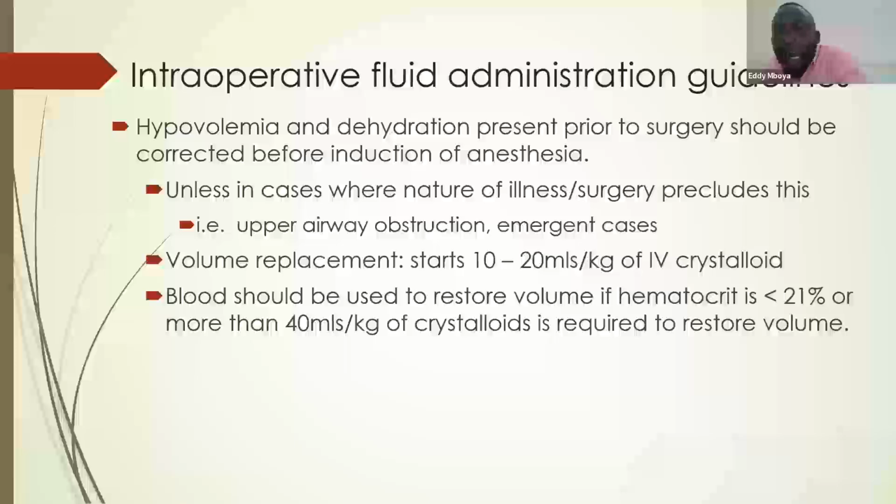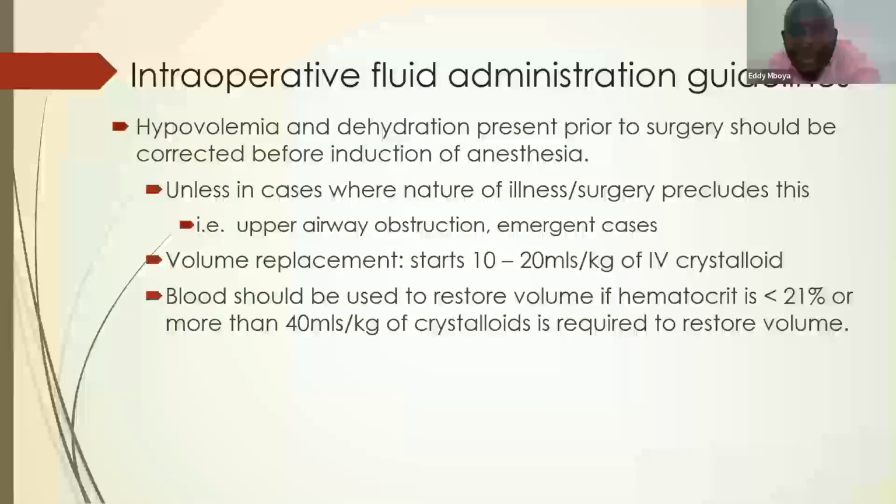This should be guided by the patient's clinical state. Over here, that's the bolus infusion that you need to give prior to even your induction of anesthesia. This helps us take care of the issues that result with the child that had fasted. They could be a bit hypovolemic, but not that significant.